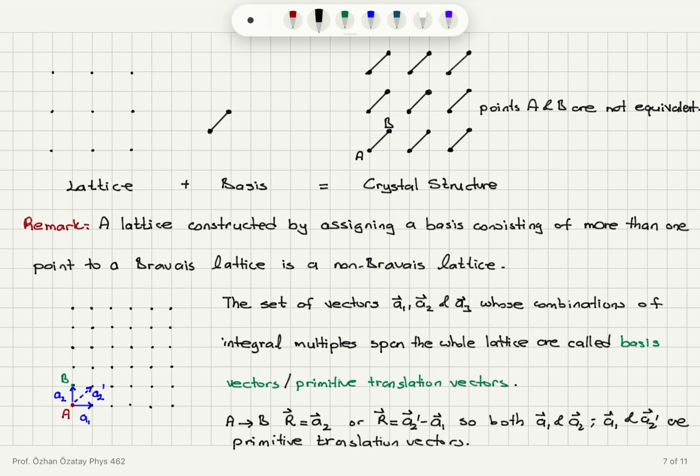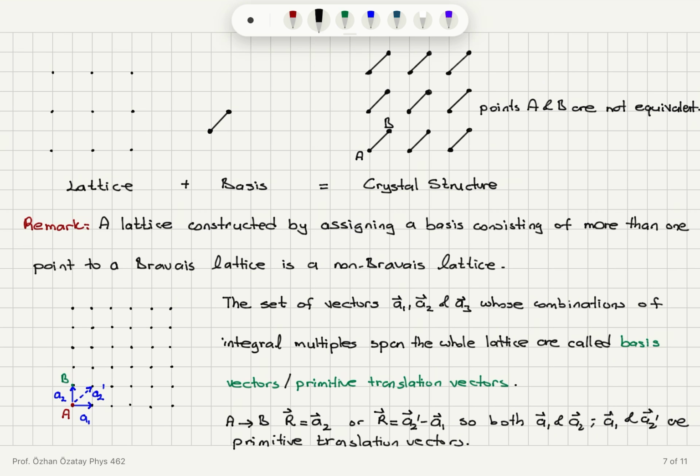Now, this set of vectors whose integer multiples allow us to translate between lattice points are called basis vectors or primitive translation vectors. The choice of these primitive translation vectors is not unique. So we can have a1 and a2 or a1 and a2 prime as these vectors.